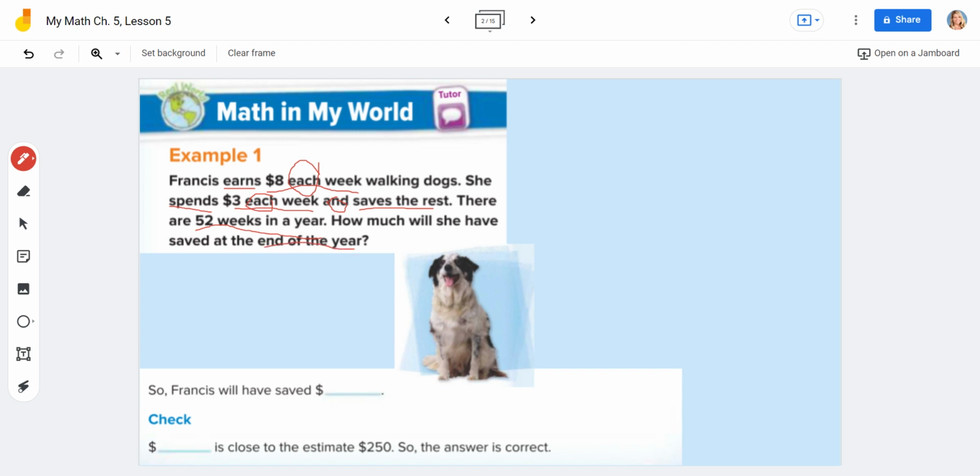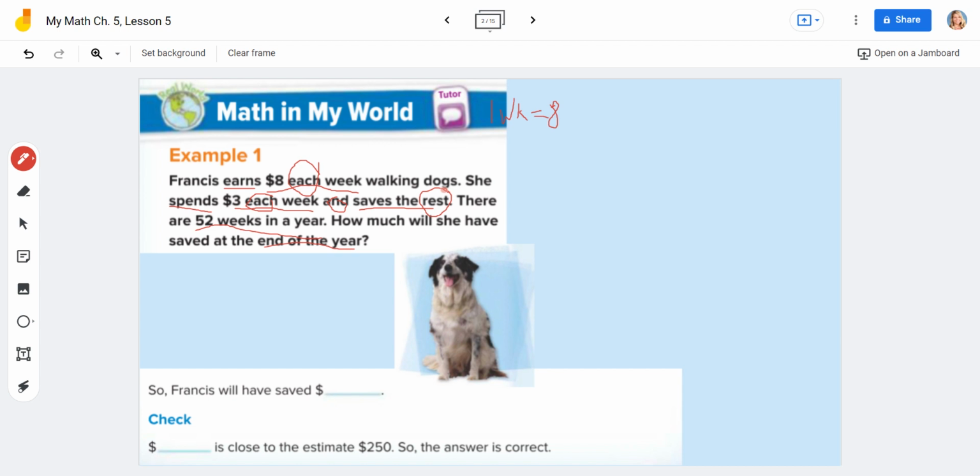So let's go back and look at what we know. We know Frances earns $8 each week walking dogs. So that means in 1 week, if she earns it, she's going to get $8, right? But then she spends $3, so she's losing $3, and she's going to save the rest.